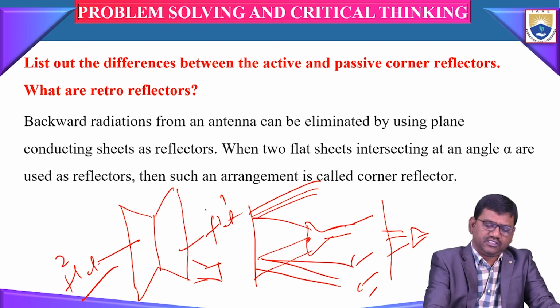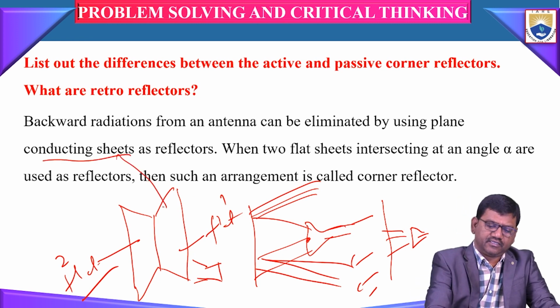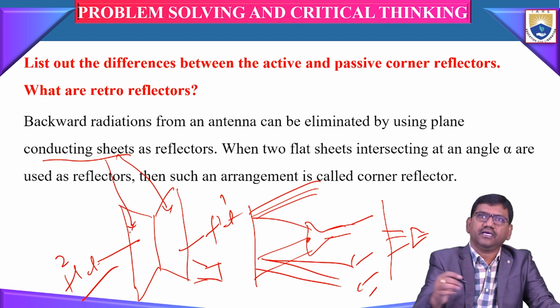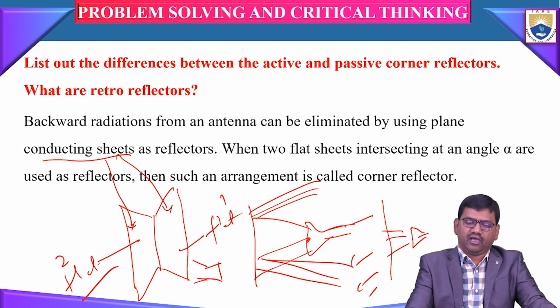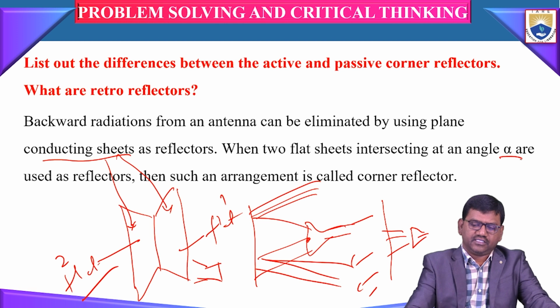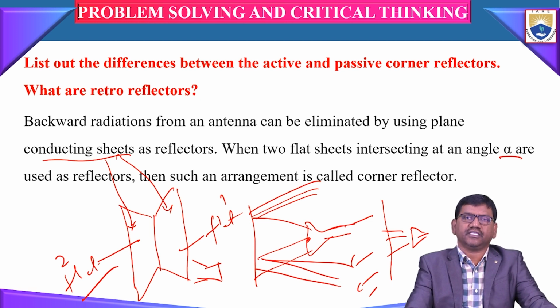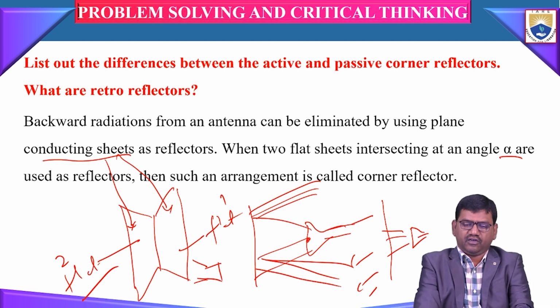These are the conducting sheets. When two plain conducting sheets are attached at the corner, it becomes a corner reflector antenna where backward radiations can be eliminated completely. When two flat sheets intersecting at an angle alpha are used as reflectors, such an arrangement is called a corner reflector antenna.